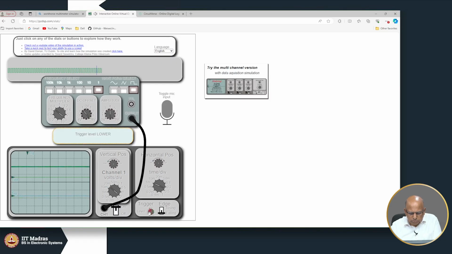I am not able to stabilize a 1 hertz waveform. If I increase it to, this is actually 5 hertz waveform. It's a 5 hertz waveform.